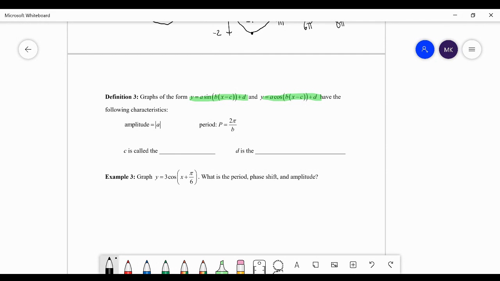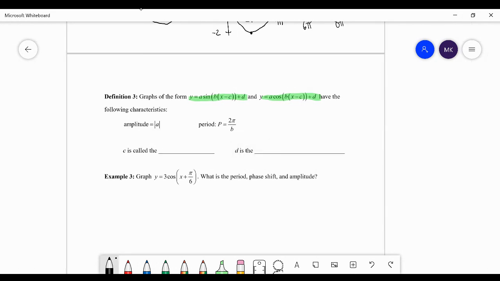That hasn't changed. But this c here gives us something that we call the phase shift. Okay. Just like in college algebra, in function transformation, those phase shifts can be kind of counterintuitive.